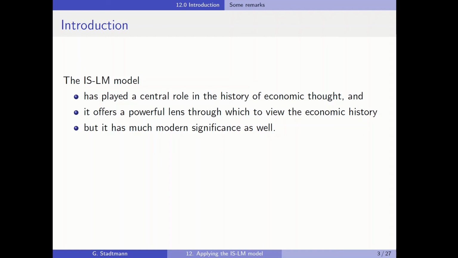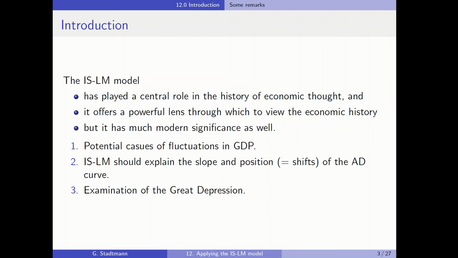The structure of this chapter is more or less as follows: we want to talk about potential causes of fluctuations in GDP. Then we would also like to use the ISLM model to explain the slope and the position of the AD curve.